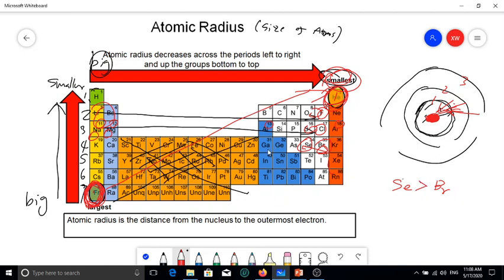Or if you're comparing atoms in the same group, gallium is smaller than indium, which I'm not even sure what the name of that is, but by looking at the relative position on the periodic table, you ought to be able to see the relative size of these two atoms. Or, for instance, let's say between neon and chlorine.